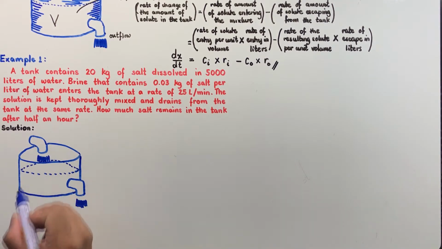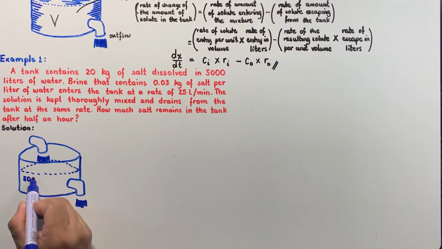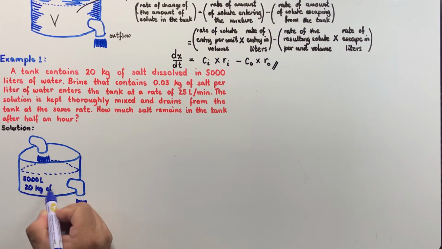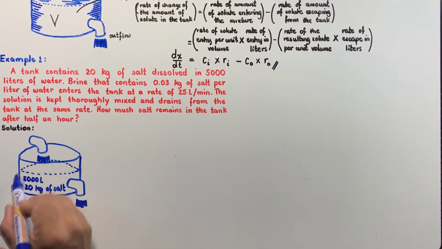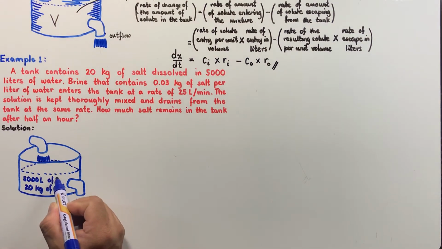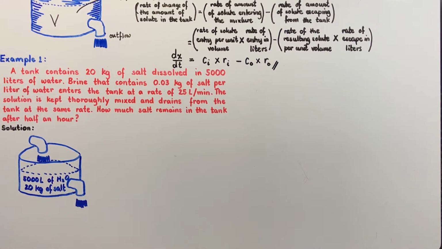Now in this solution, the volume is 5,000 liters of water, of which we dissolve 20 kilograms of salt. So the solution inside the tank is 5,000 liters of water, of which we dissolve 20 kilograms of salt.